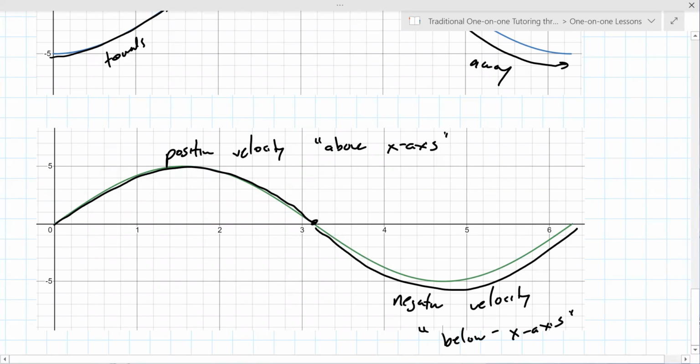Okay, where should we move to now? Let me see which questions we were supposed to do for the review. So I've already done 53, and then it was 57. I can do that one by myself. 59. 59 could be good to do.